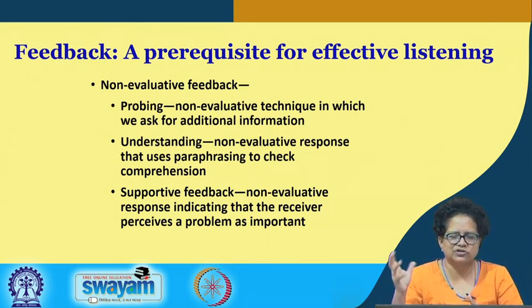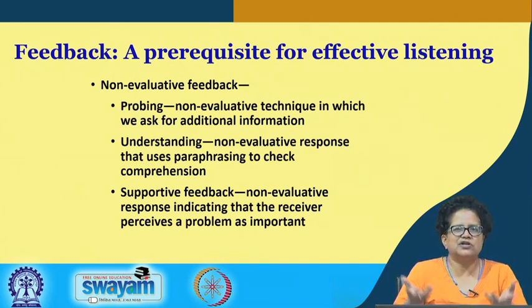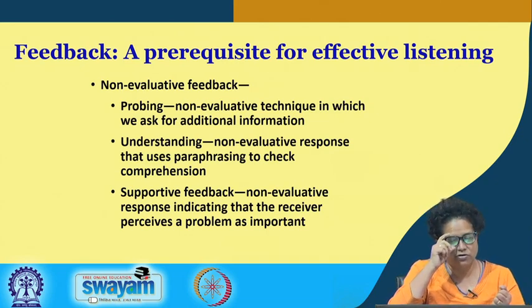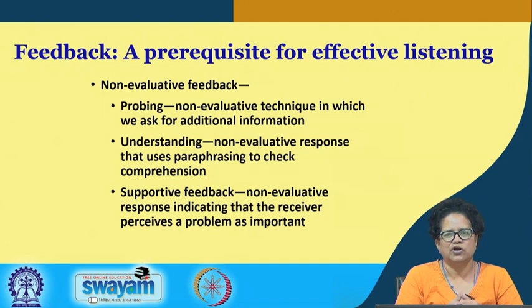Somebody describes or says something and you paraphrase the whole thing, you repeat the entire information in your own words, because you would like to check whether you have actually understood. You would like to check your comprehension. Comprehension means understanding. So, this is non-evaluative feedback type number 2. And the third is supportive feedback.